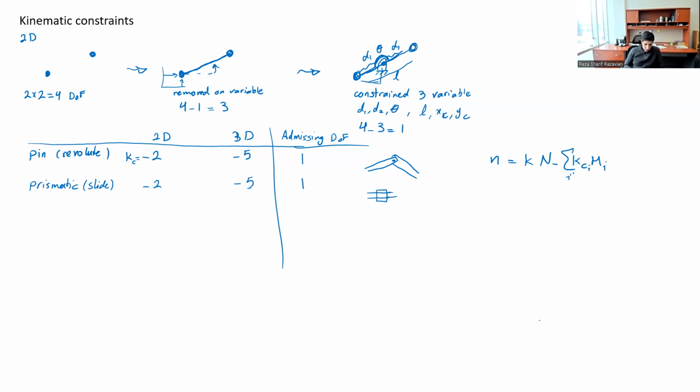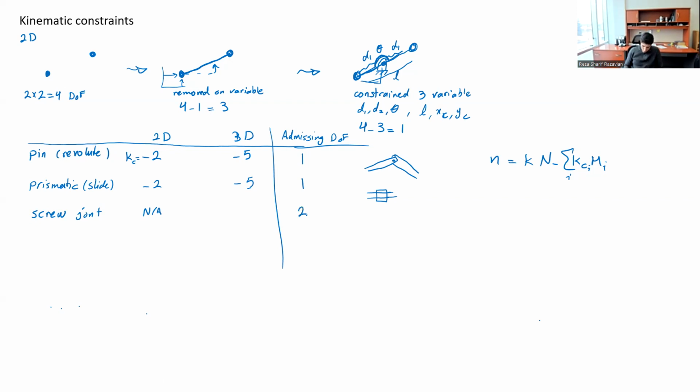So let's see what other good example I have. Maybe a screw joint. It is only valid in 3D, so it doesn't show up in 2D. A screw joint is like a nut that you turn and it moves up.